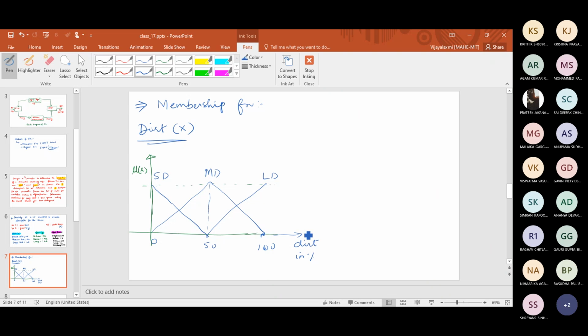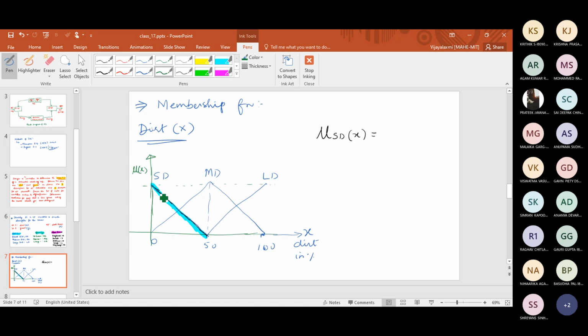Now I have to write the membership values. So mu small dirt of x is equal to, see here, this is what I have considered. For me, I consider it small dirt if the dirt is in the range 0 to 50. This is my assumption, how I am solving it. The range can be different, it depends on us.